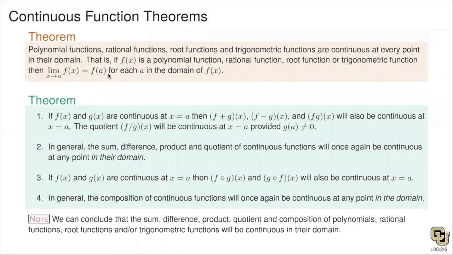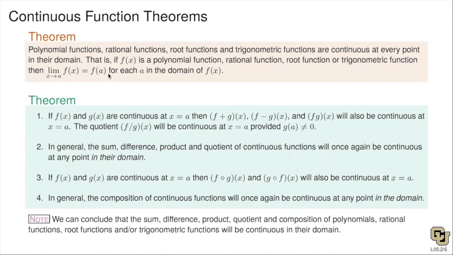Then we had some results that told us polynomial functions, rational functions, root functions, and trigonometric functions are continuous on their domains. And also that the sum of two continuous functions is again continuous. The difference of two continuous functions is again continuous. The product of two continuous functions is again continuous.